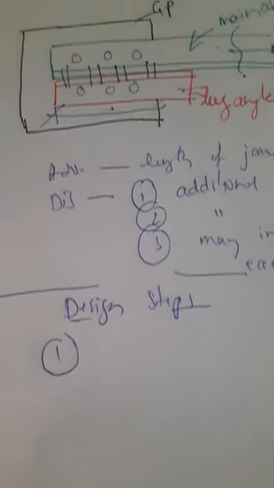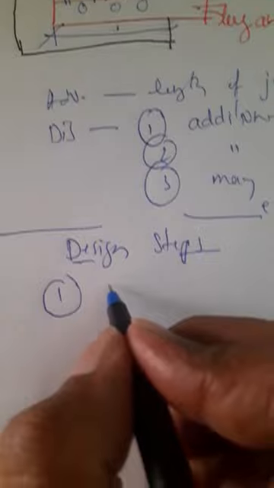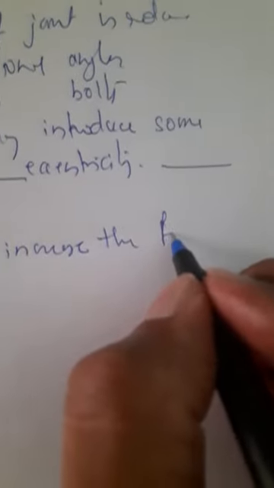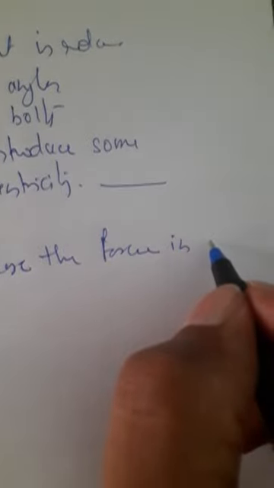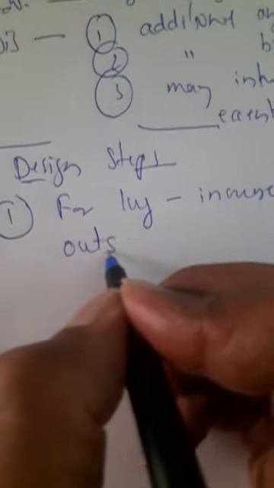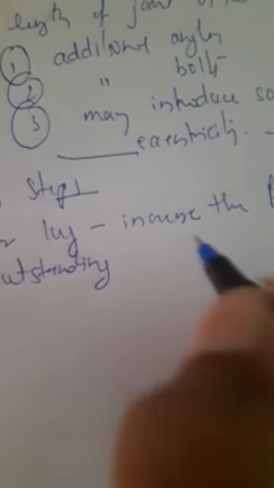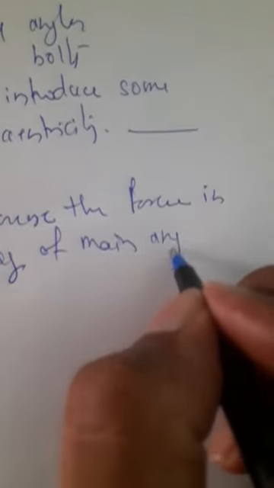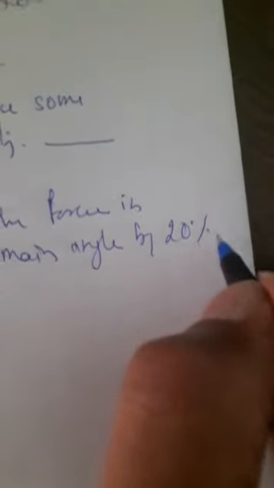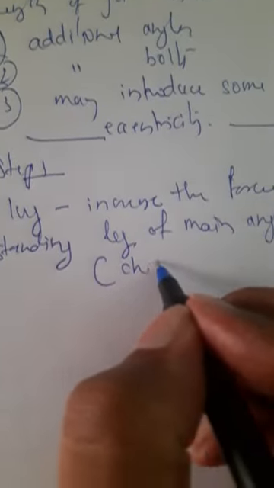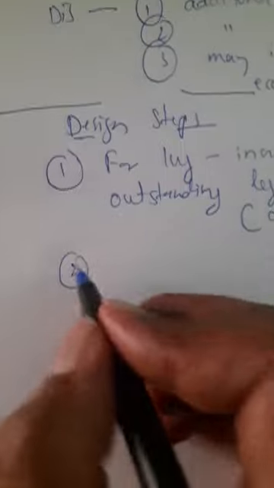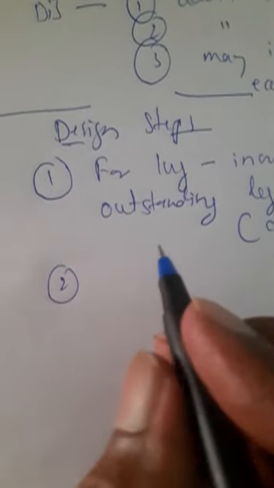First, for design of lug angles, increase the force in outstanding leg of main angle by 20%. In case of channels, it is 10%.